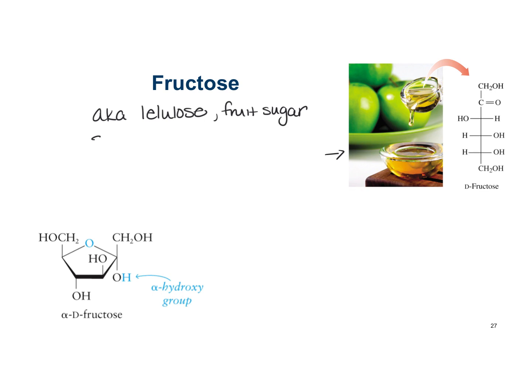This is the sweetest of the common sugars. And is important as a food sweetener because less fructose is needed than other sugars to achieve the same degree of sweetness.